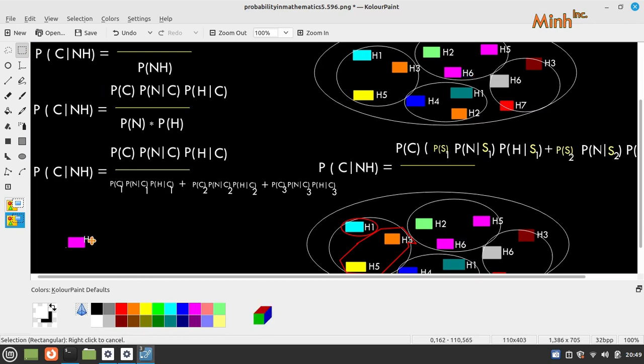If a person's name is purple and height is h6, what is the probability that he belongs to a particular country?